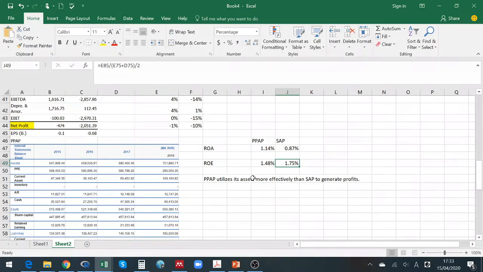But they measure different things. ROA measures how much profit you make from the assets, whereas ROE is from the point of view of the shareholder, because equity comes from the shareholder. From the standpoint of the shareholder, how much profit do you make from the money I invest. That's the measurement for these two ratios.